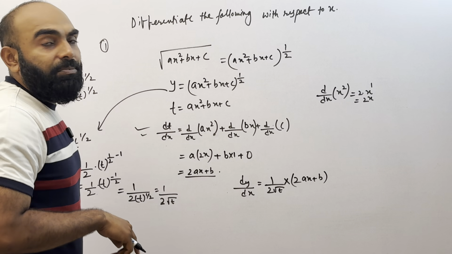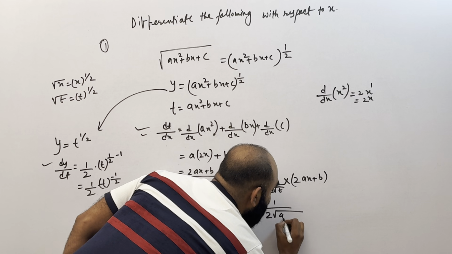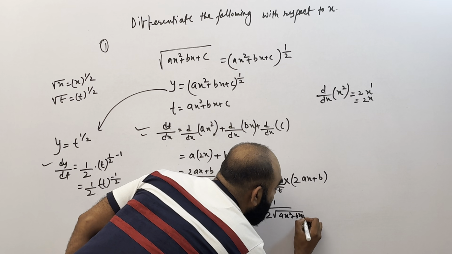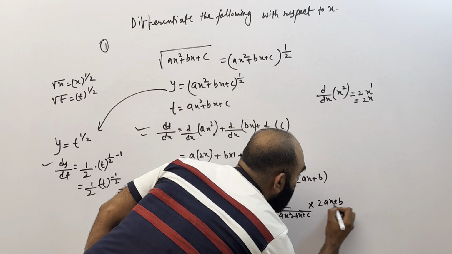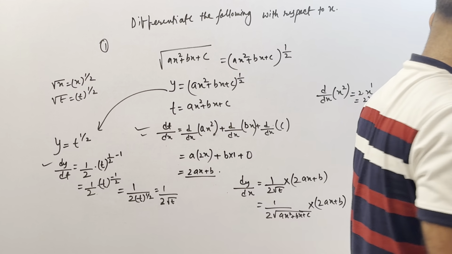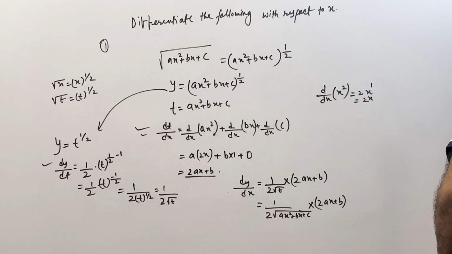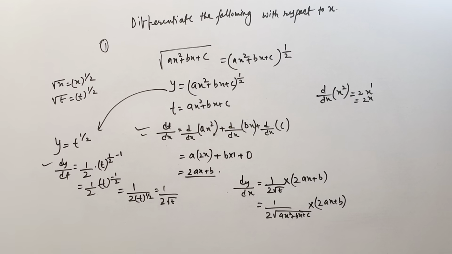Substitute the value of t, that is 1 by 2 root under ax square plus bx plus c, into 2ax plus b. This is your answer. Note it down here.